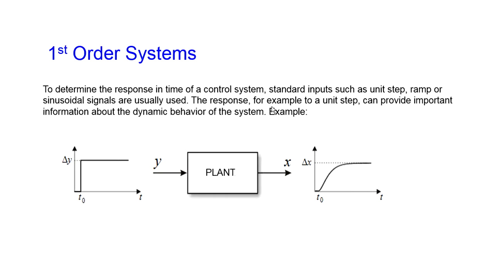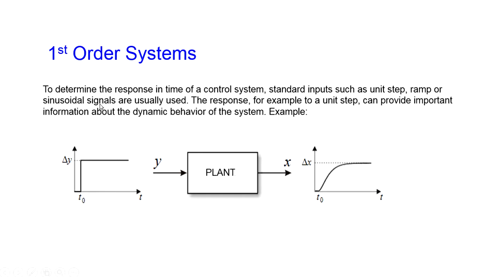In order to analyze a first order system, or any other kind of system, and determine the time response, standard inputs such as a unit step function, ramp, or even sinusoidal signals are usually used. The response to a unit step can provide important information about the dynamic behavior in time of the system.